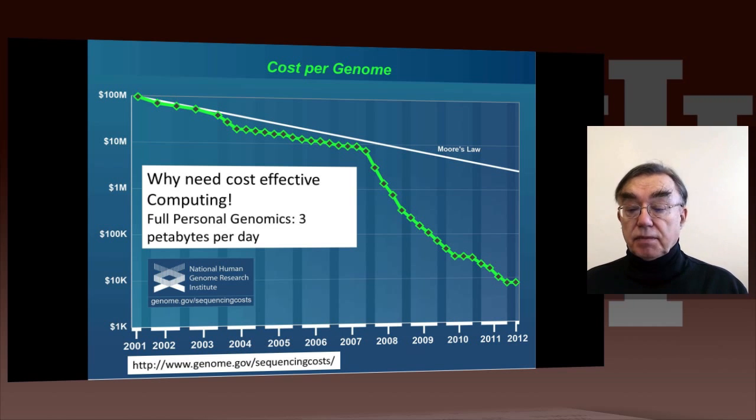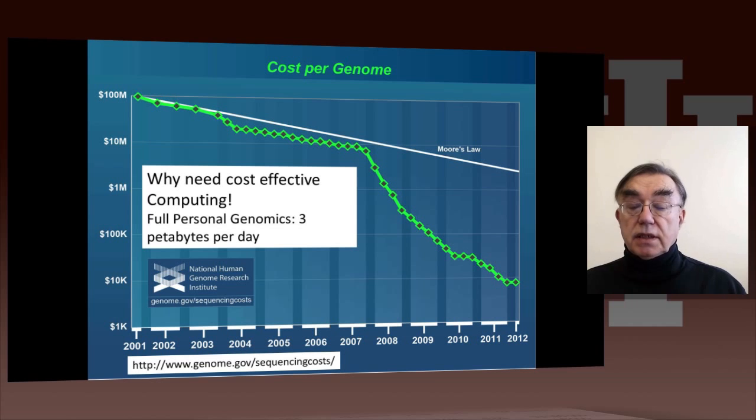In 2012, the cost per genome is around $10,000. And it started off, of course, not so long ago, as $100 million. That was 2001. Another important feature of this graph is it compares the cost of getting a genome with the performance of computers, which is Moore's law.